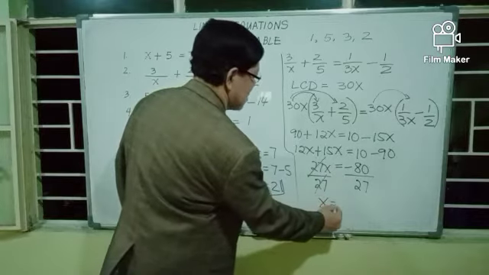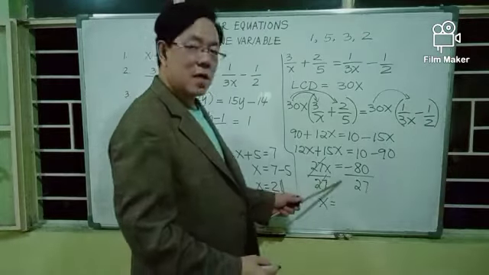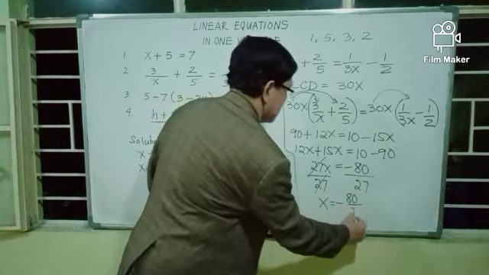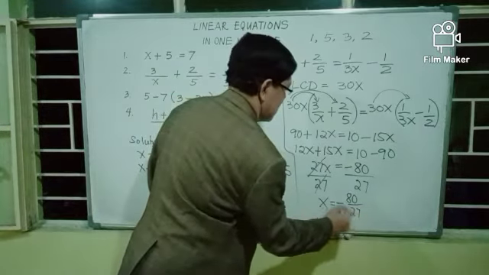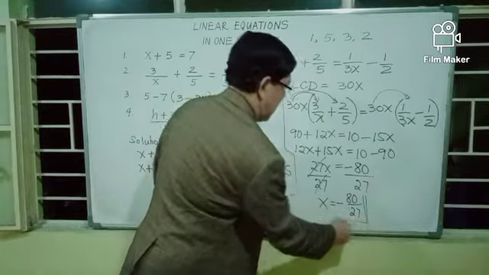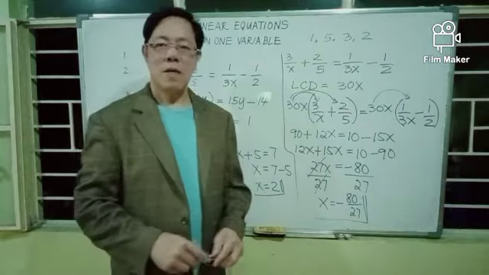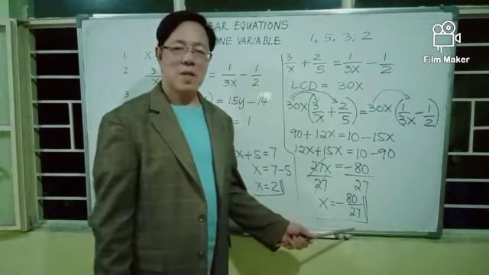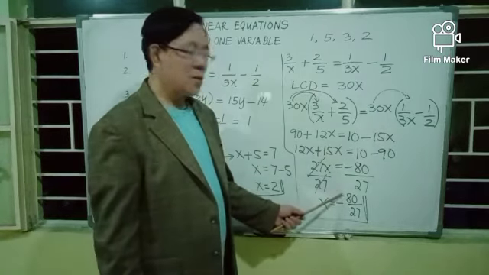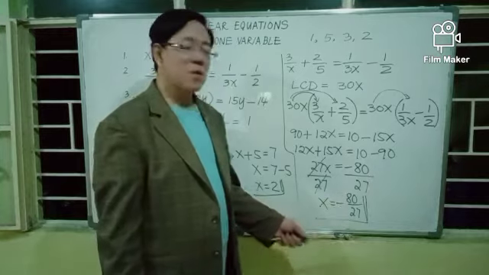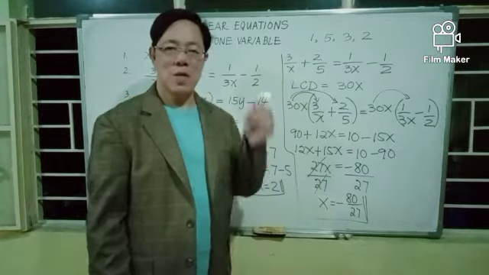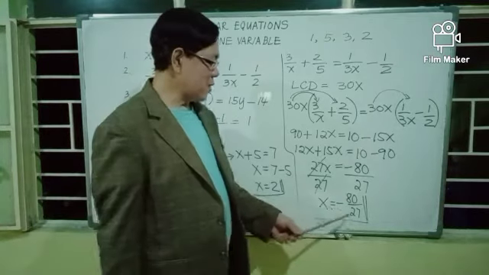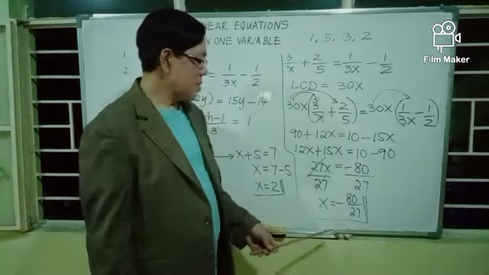And you get x equals negative 80 over 27, the solution. If you can reduce this 80 over 27 to lowest terms, you do that. But this cannot be reduced further to lowest terms.